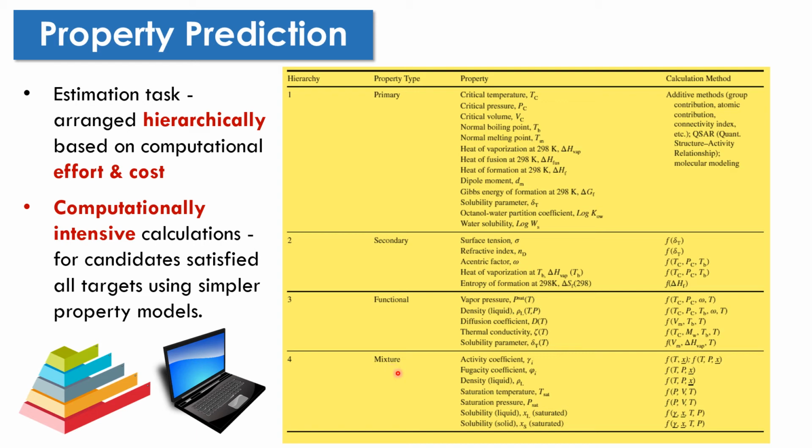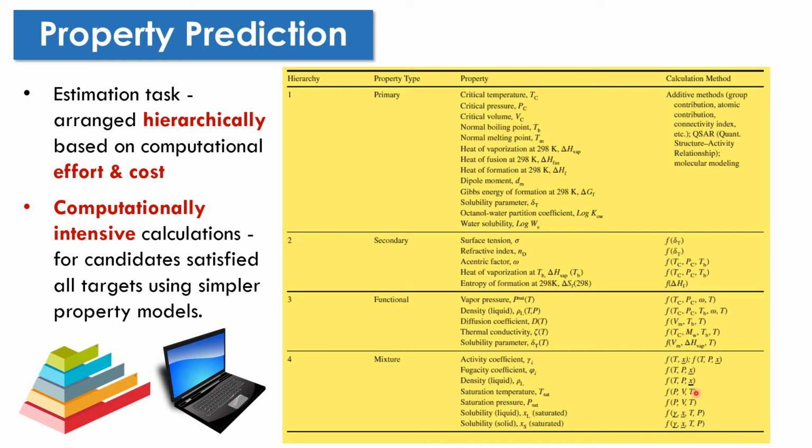So since for mixture, the calculation is more complex, involving mainly non-linear equations, we only need to perform this computationally intensive calculation for 100 compounds rather than 1,000 compounds.